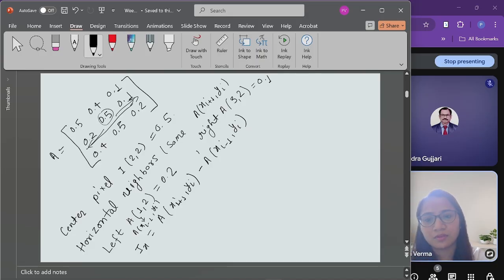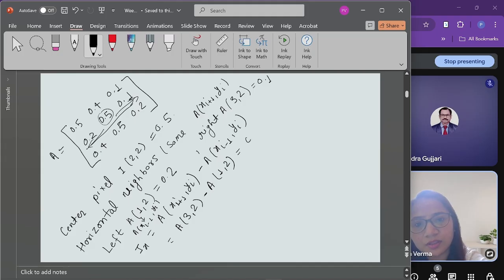Same row, left and right. So the value is A of 3 comma 2 minus the value of A of 1 comma 2. What is it? 0.1 minus 0.2. Here we will get minus 0.1, right? Similarly, we have to calculate for the vertical neighbors as well.